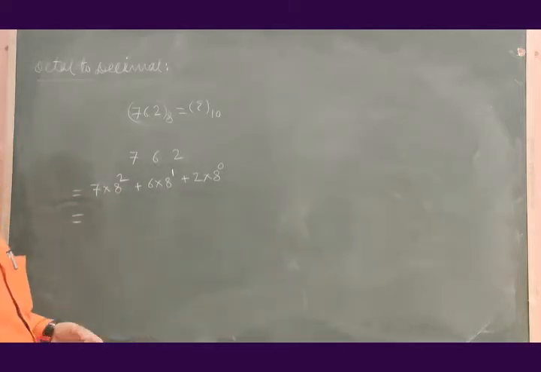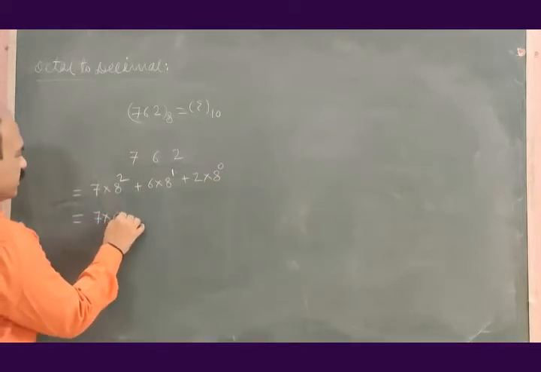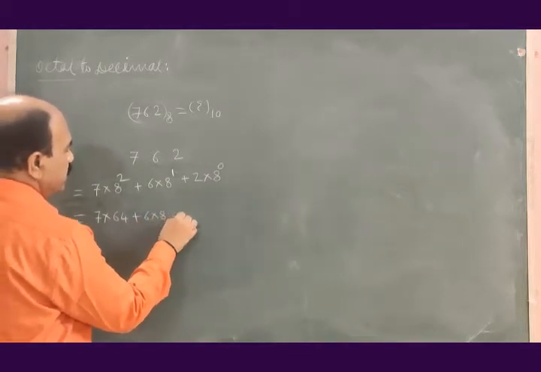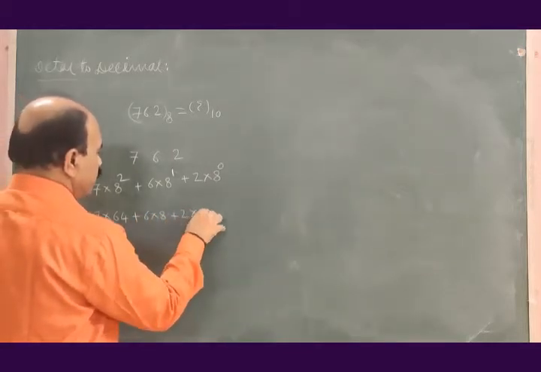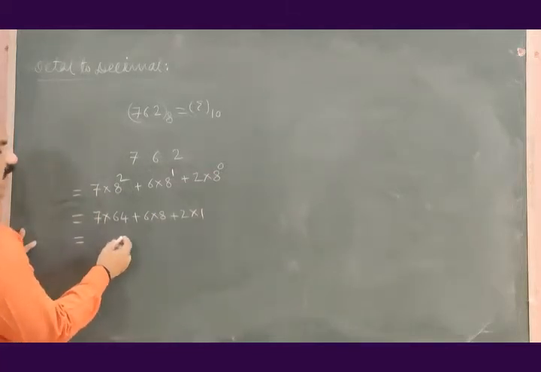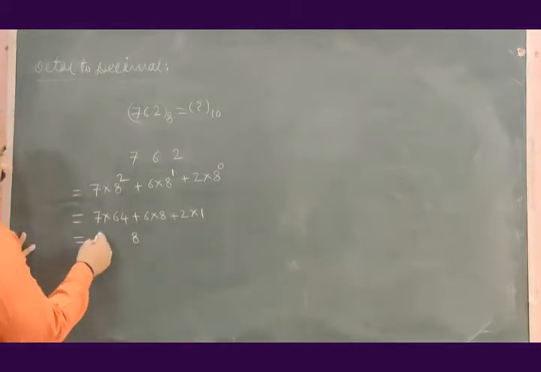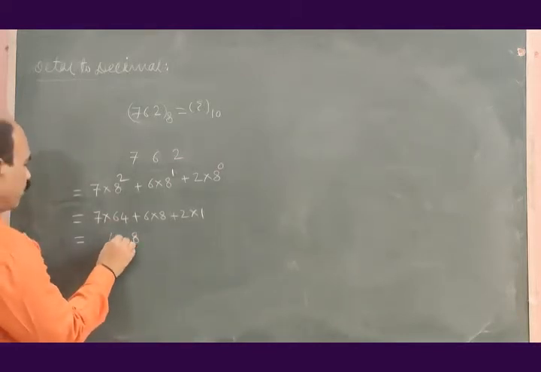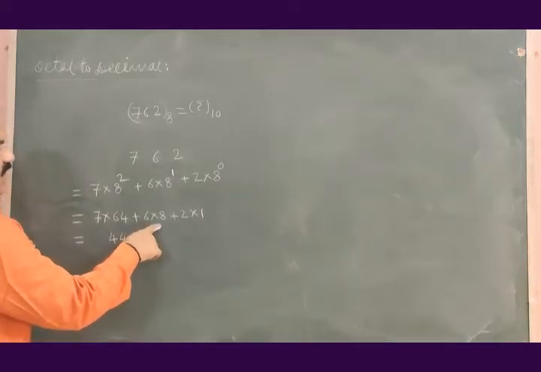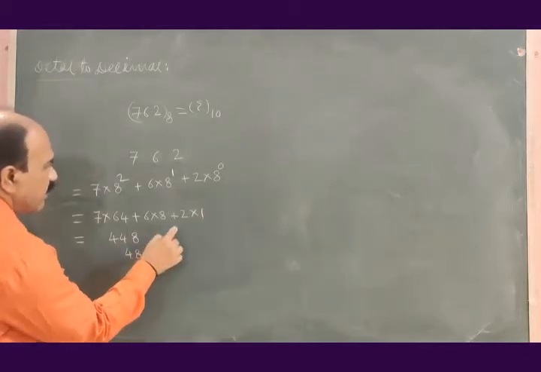This is equal to 7 into 8 eights are 64 plus 6 into 8 plus 2 into 1. This is equal to 7 fours are 28, carry 2, 7 sixes are 42, 42 plus 2, 44. 8 sixes are 48 plus this 2.